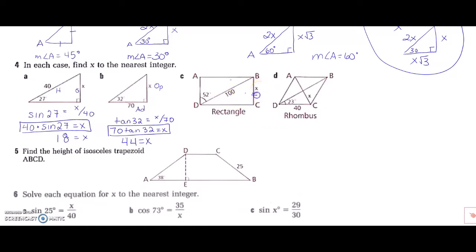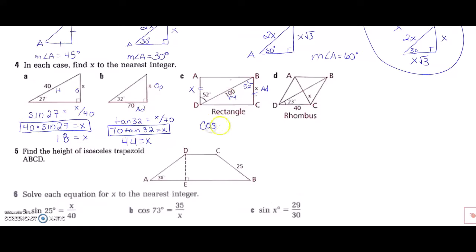And opposite sides of a rectangle are congruent and parallel. So you also could have just said this, those two angles are congruent, which would have made that 52. In either case, we are looking for the adjacent side and the hypotenuse. So that's the adjacent side, that's the hypotenuse.